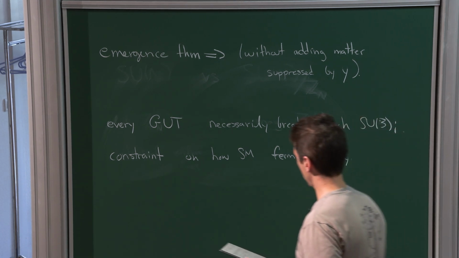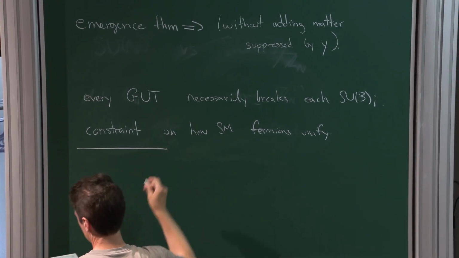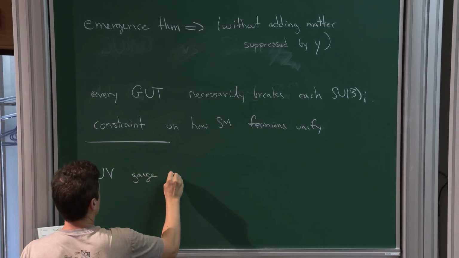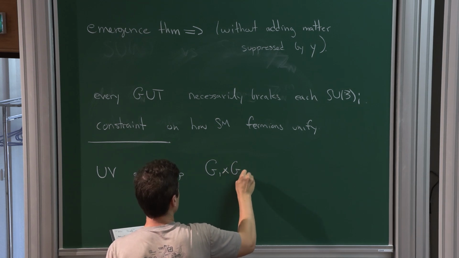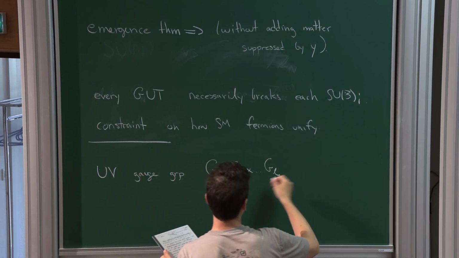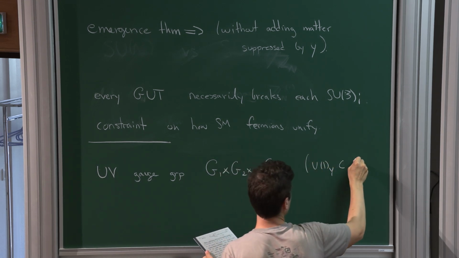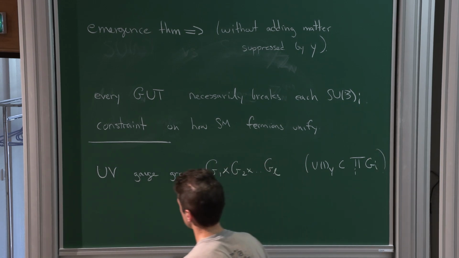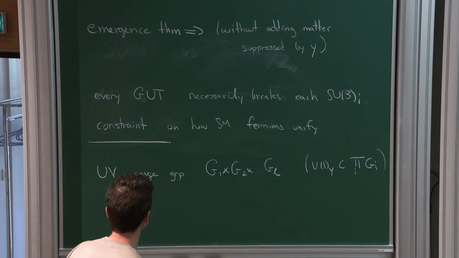So to make that a little more explicit, suppose the UV gauge group is something very general, G1 times G2 times up to GL. And these are each non-abelian, and U(1)_Y is somehow inside this product. That's a GUT in my definition. It's not a single group, but U(1)_Y is emergent.